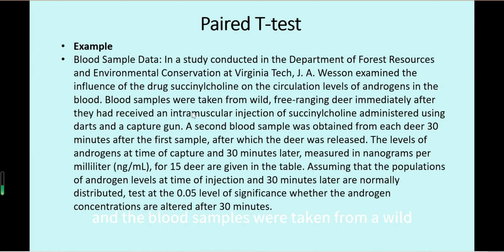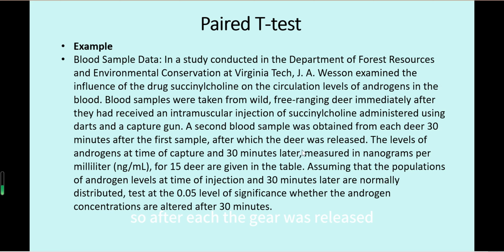Blood samples were taken from wild free-ranging deer immediately after they had received an intramuscular injection of succinylcholine administered using darts and a capture gun. A second blood sample was obtained from each deer 30 minutes after the first sample.